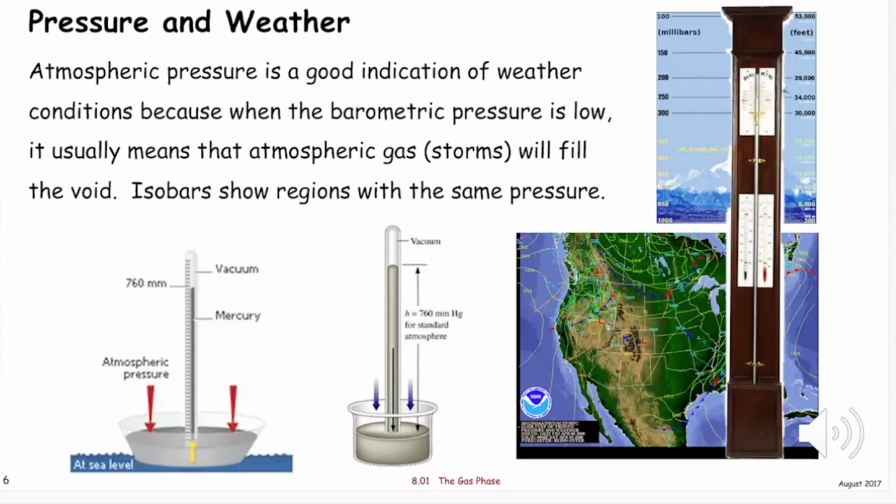And then, of course, when you have a storm, you get rain and all that. What you see right down here on the right are what we call isobaric lines. They show regions of similar pressure, but at each contour, which are the lines, you're going to see a different pressure.